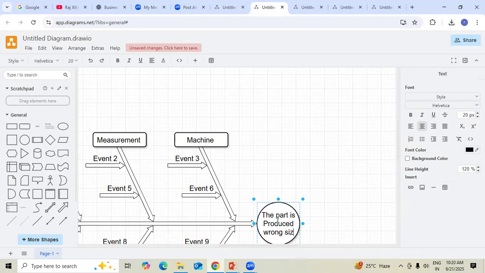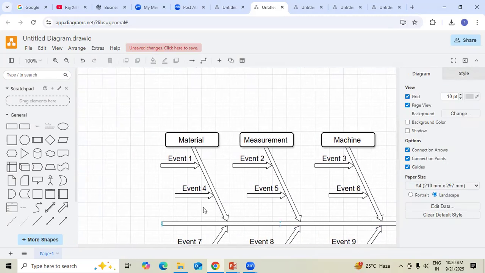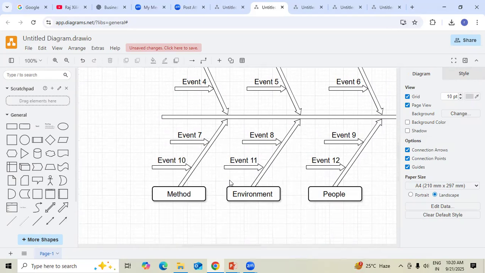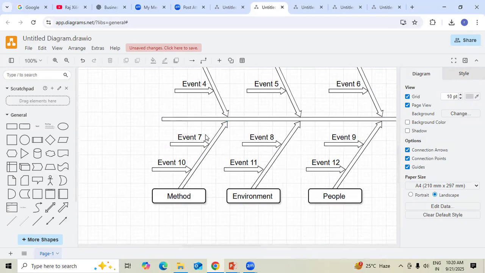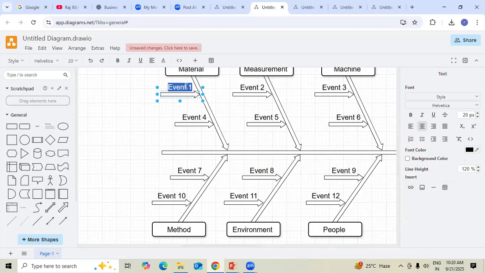If you want to identify that, generally this fishbone diagram is used. So first we need to update the cells. That is important. Next, we must know what events we need to update. These are the different events we need to update. For example, the first event I am taking.